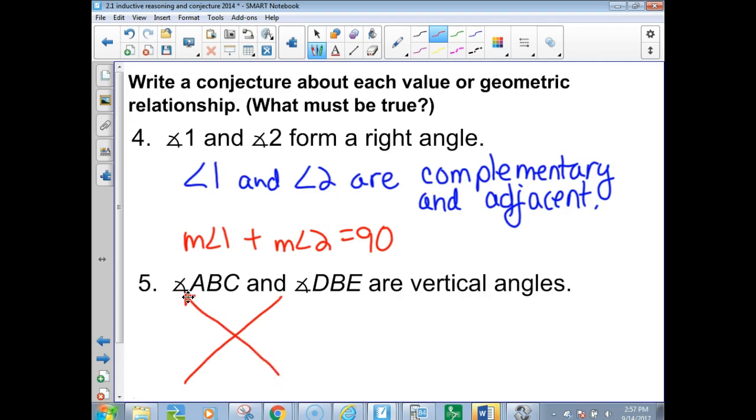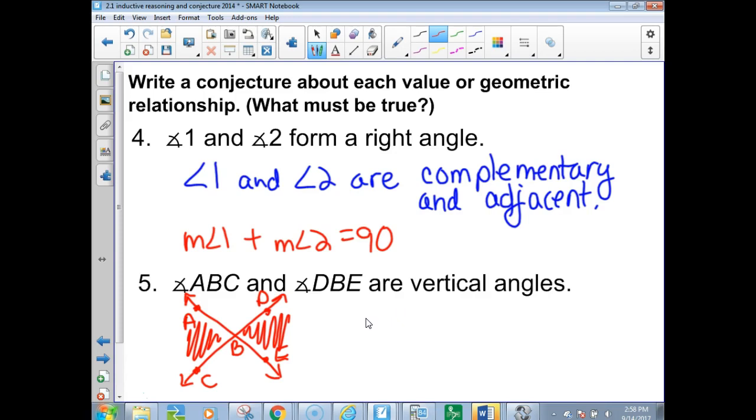Angle ABC and angle DBE are vertical angles. Okay, so let's say this is ABC. And then where would D be? Up here maybe, and DBE? Okay, these are vertical. I just drew a picture of it to remind you. What do we know about vertical angles?